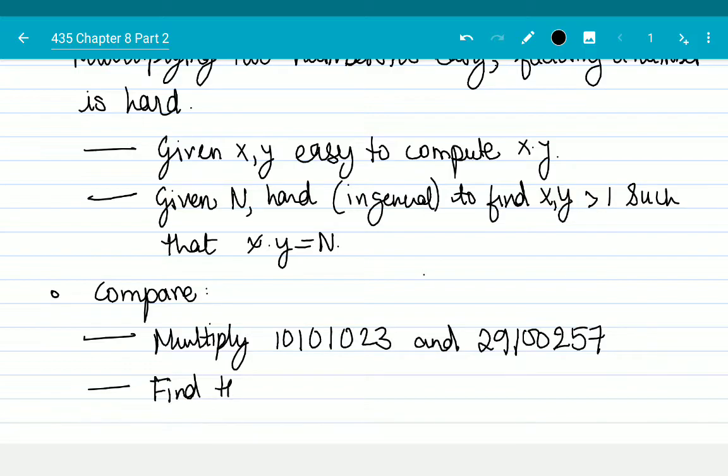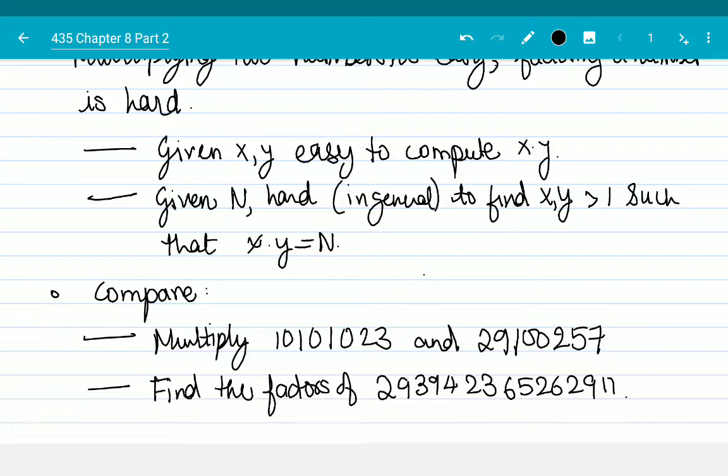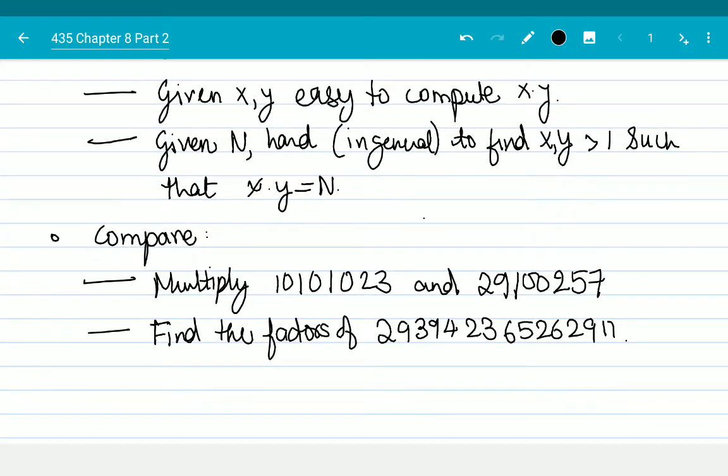Instead, find the factors of 29394236526291 1. That's a much harder problem. At least it feels like it.